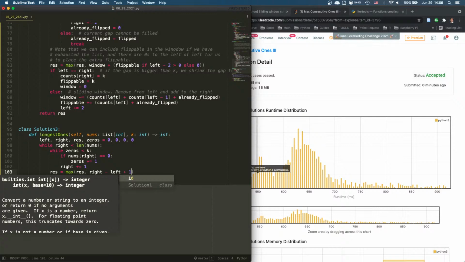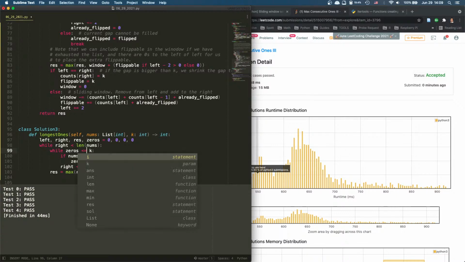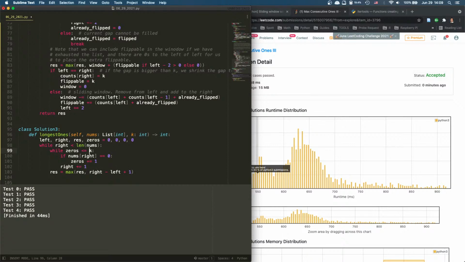Oh, actually, no. It should be smaller or equal to. So it could be 0, I can keep going, right? Until one time, zeros plus 1 goes over, then we explode.